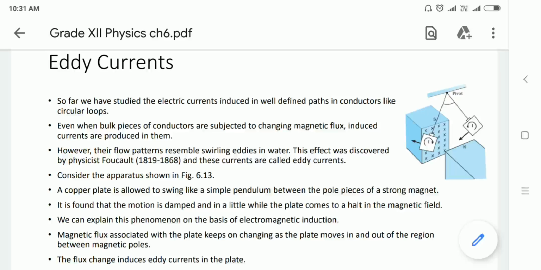Here, what will happen? Magnetic flux is associated with the plate while it is moving between the magnets. Between the magnets, a fixed magnetic field is there, but the conductor is moving, same as the earlier case of the rectangular conductor. The magnetic field is fixed, the rod is moving, so magnetic flux variation arises.